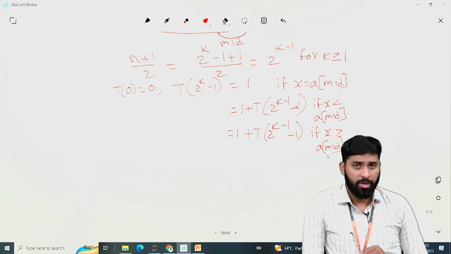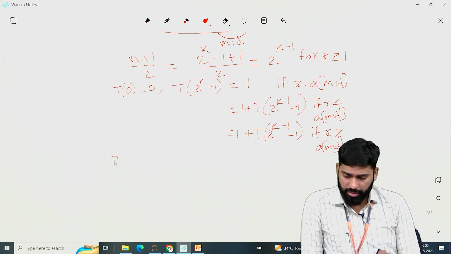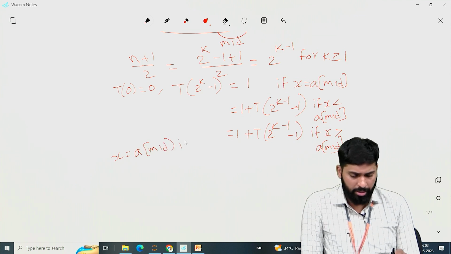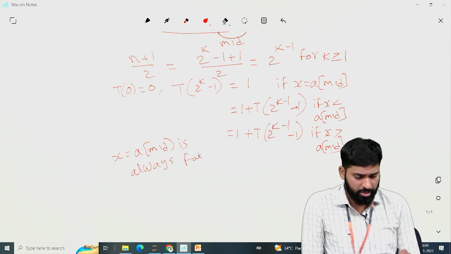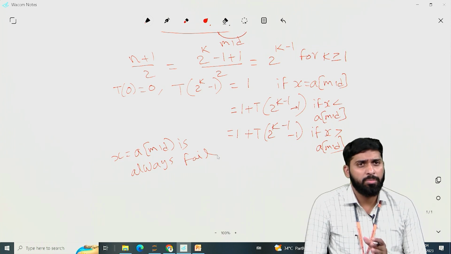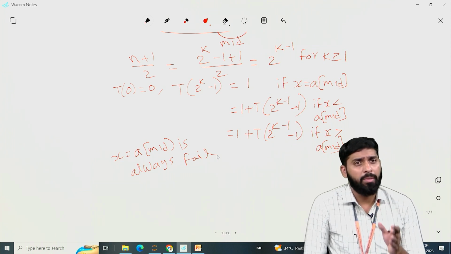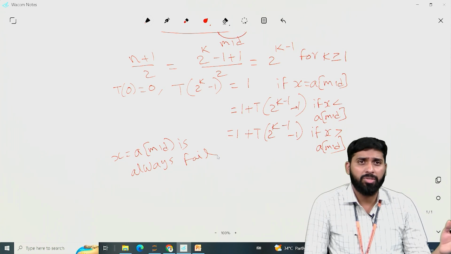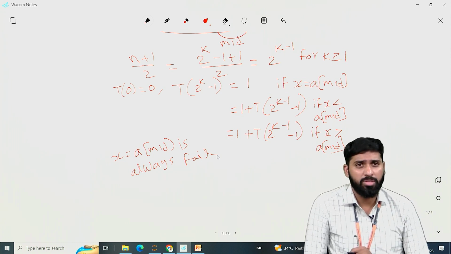Okay. In the worst case, x equals A[mid] always fails. Here we are doing worst case analysis. Worst case means maybe the element is found at the last comparison or the element is not found. These two are the worst cases.